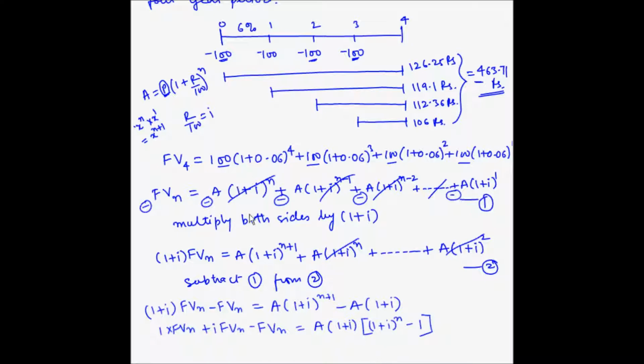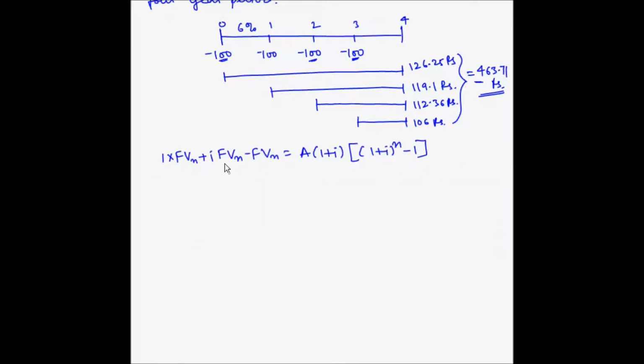Let me delete some of this to continue with this calculation. So now let's continue. So here 1 into FVN is FVN and minus FVN, so these two get cancelled.